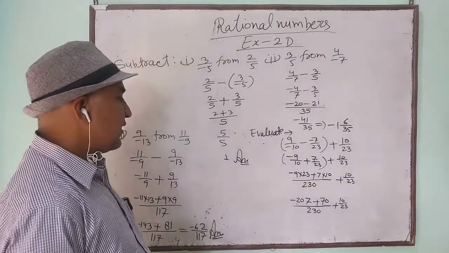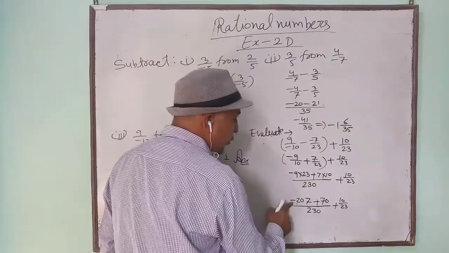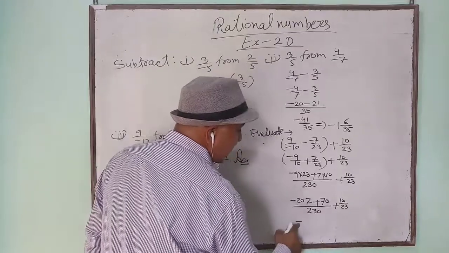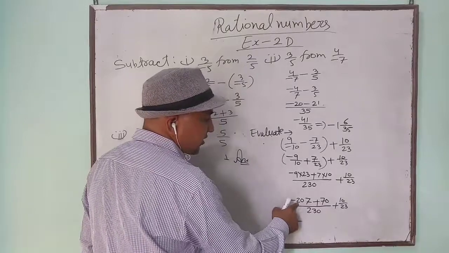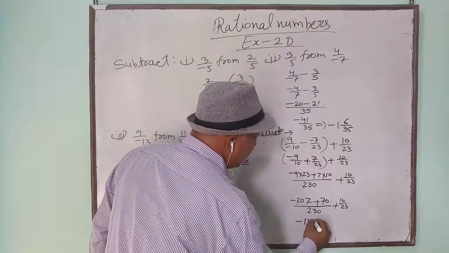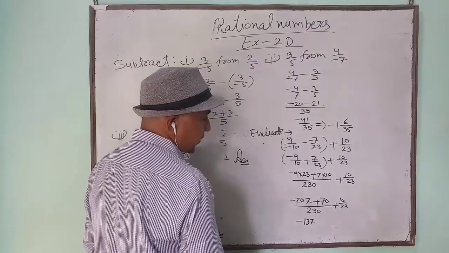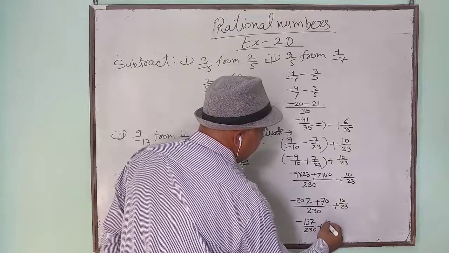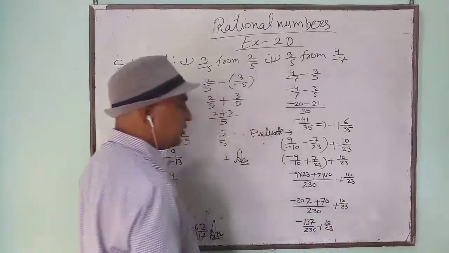Now minus 207 and 70, one number is negative, one is positive. So it will take subtraction and the answer will be negative because the larger number has negative sign. So it will be minus 137 upon 230 plus 10 upon 23.